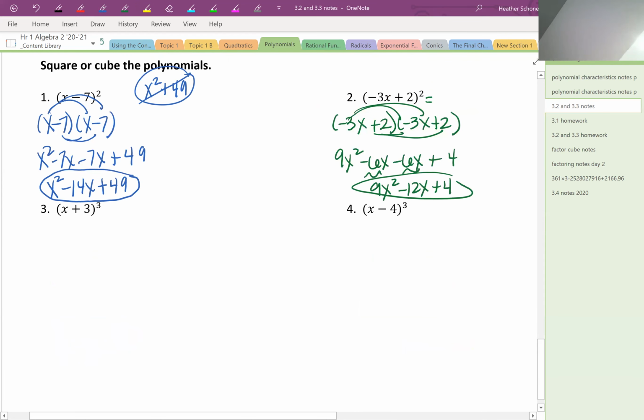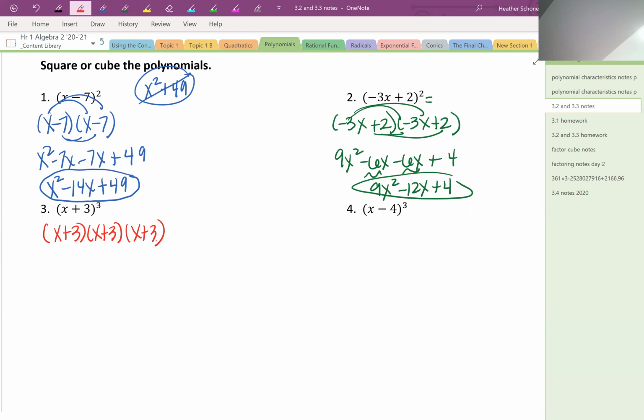Okay, now if squaring means you're going to multiply it twice, then cubing it means you're going to multiply it 3 times. So this is going to be x plus 3 times x plus 3 times x plus 3. Now remember, when you're multiplying these, you can only do 2 things at a time. So I'm going to do the first 2, get an answer, and then multiply by the third.